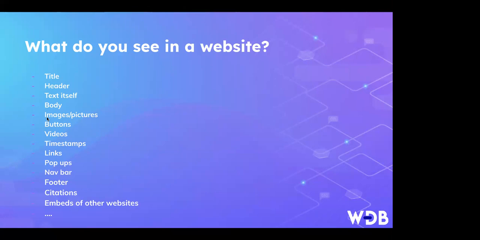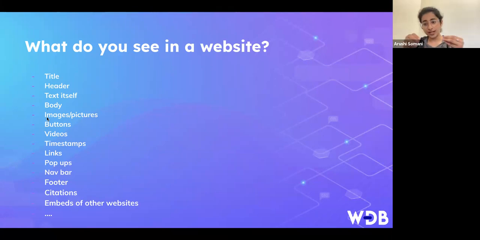All of these things are what is known as an HTML element, a small chunk of HTML that is designed to do some specific thing, display some specific thing. Some of these are built into the language. For example, a title or a header is something that HTML will give to you out of the box. Some of these are not.